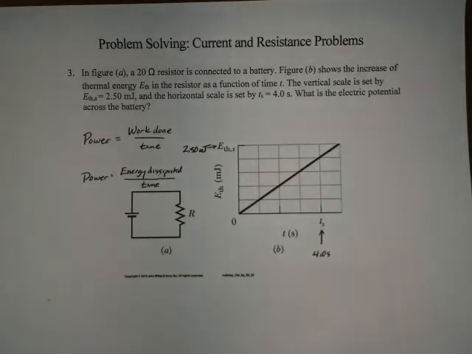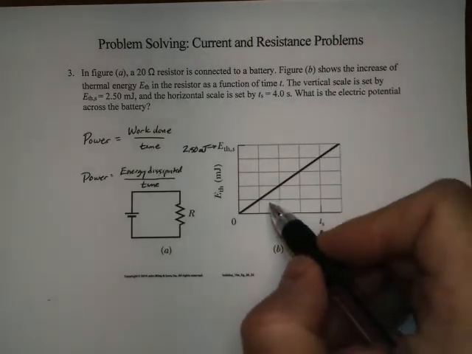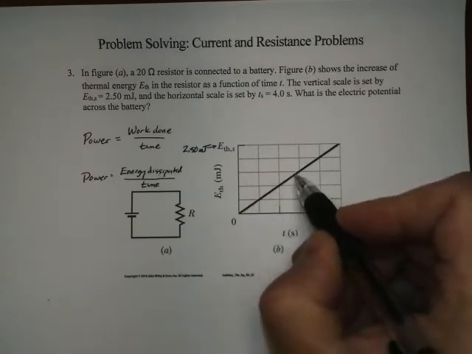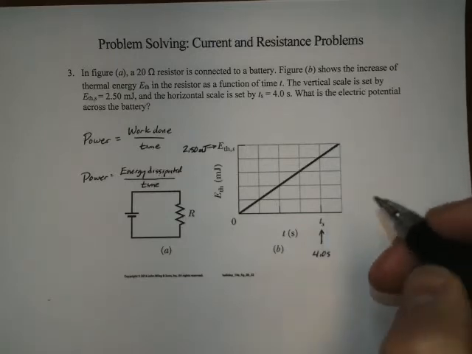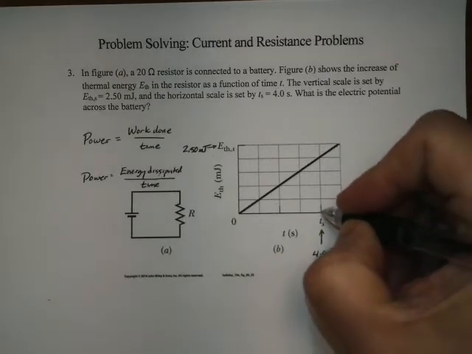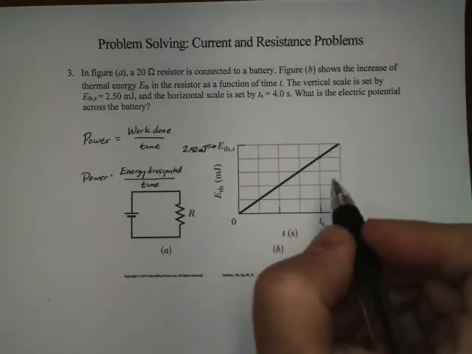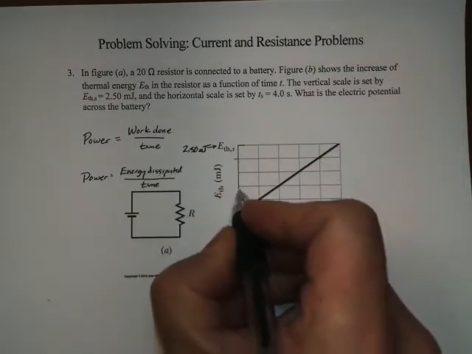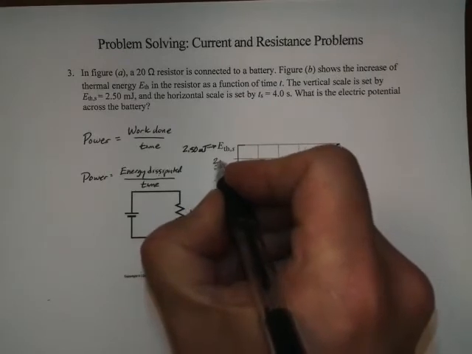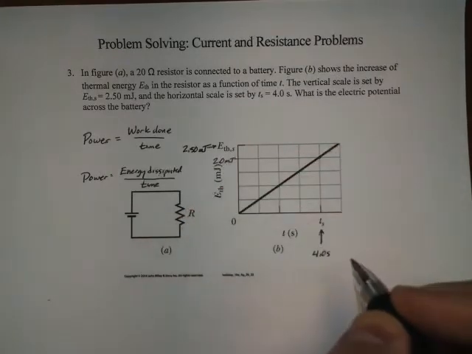So if we take on that graph, let's see if we can figure out what the slope of that is, or the change in energy over a change in time. There's a couple ways you can do this. You can either take the time and figure out, okay, at 4 seconds, I'm over here on the energy axis, and if I'm counting hash marks, this must be 2 millijoules.